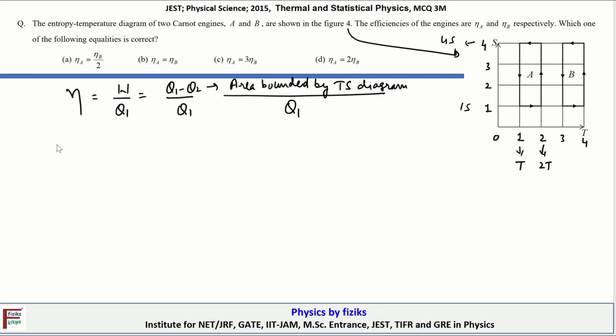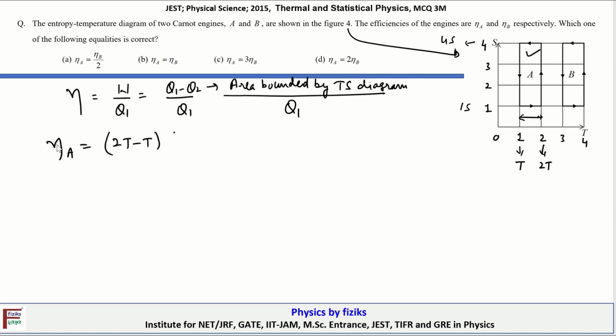So let's see how we can do that. For the engine A, if I'm denoting the efficiency as eta A, that is equal to the area bounded by this TS diagram, and that is equal to 2T minus T. So 2T minus T will give us this length on the temperature axis.